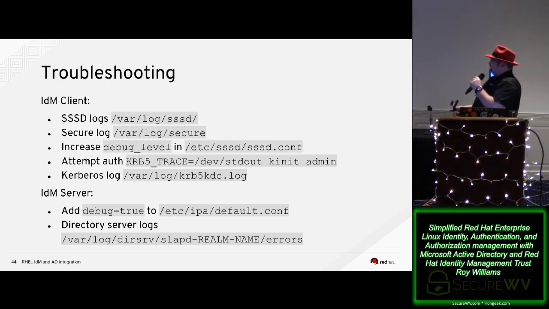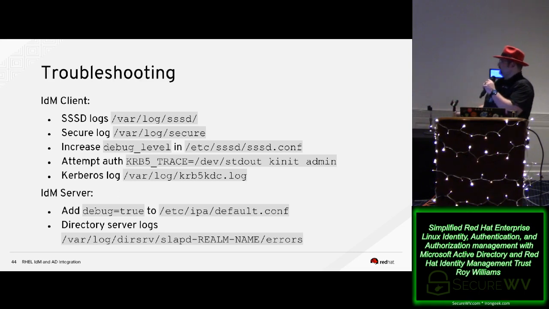We can attempt auth using debug or trace for the kinit command, and what this will do is give trace level output at the command line, so directly in your standard out. And there are also Kerberos logs in /var/log/krb5kdc.log.